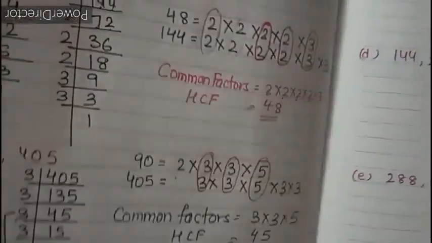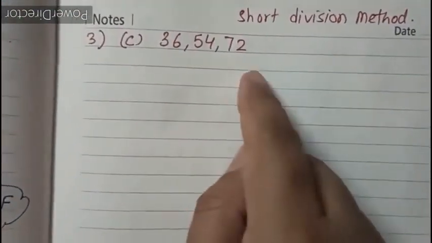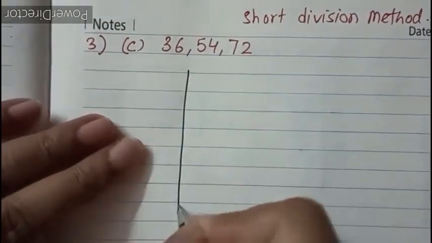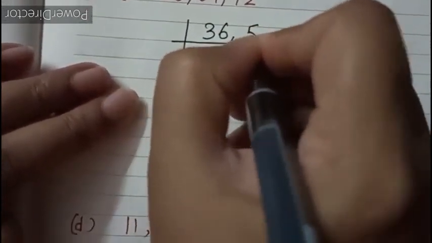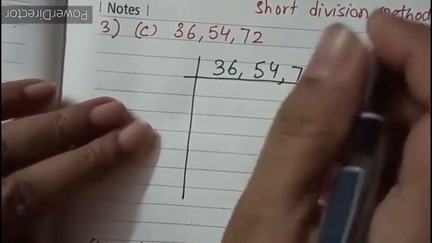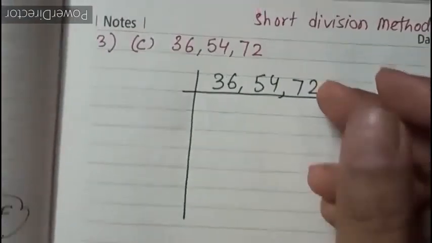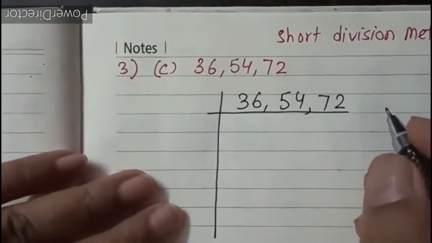So let's do the short division method for 3 numbers. This one is a good method which can be used by you. Usually we use the short division method and the division method because they take less time. So these are the best methods that you can use for finding HCF.